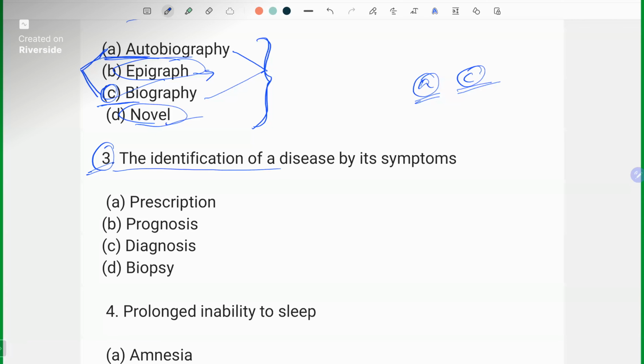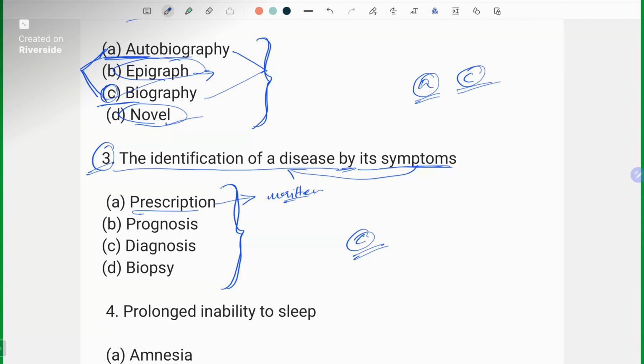Come to question 3. The identification of a disease by its symptoms. The process of identifying a disease using symptoms. What is the term? Option C, ma'am. Prescription is the written recommendation for medicines the doctor gives.